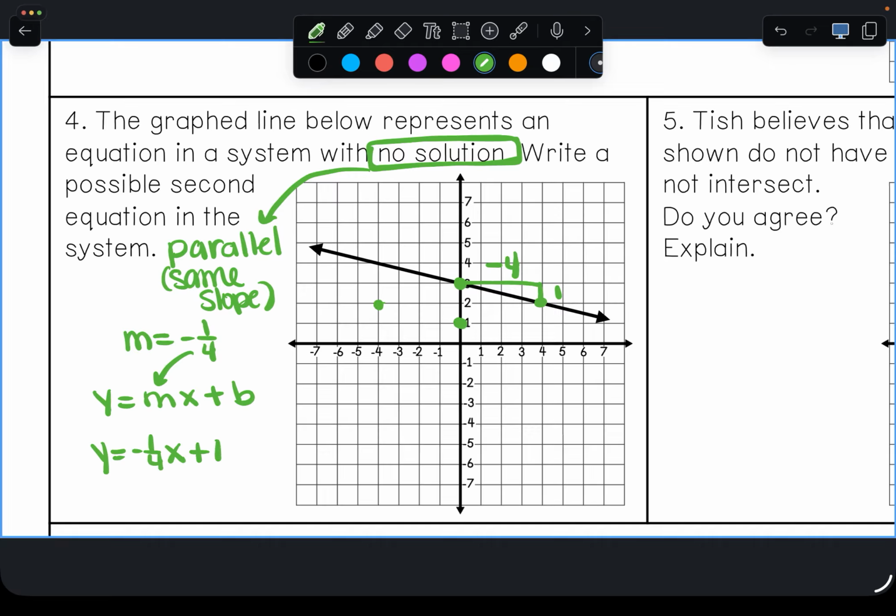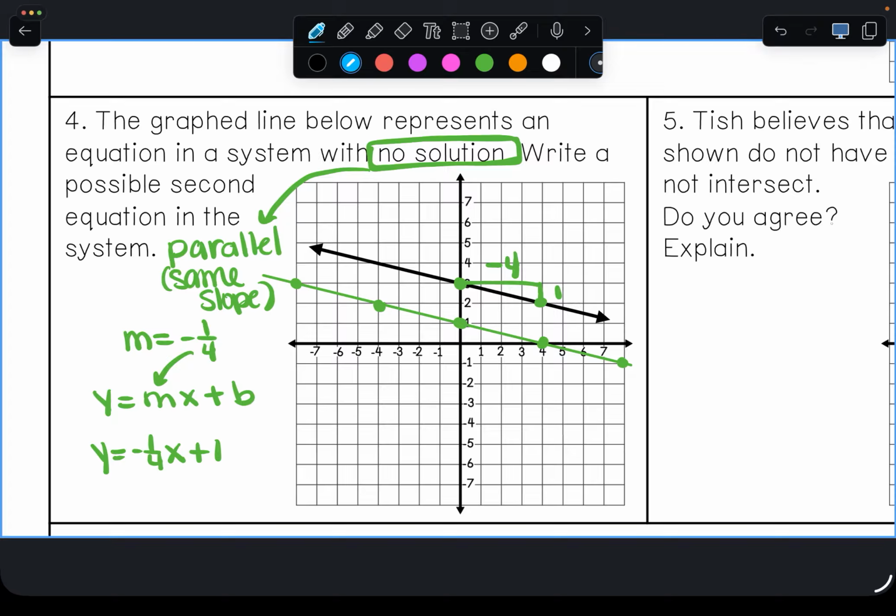Negative 4/6x plus 1. Simplify. It's negative 2/3x plus 1. Edwin? Y equals negative 1x plus 3 over 2. Correct.